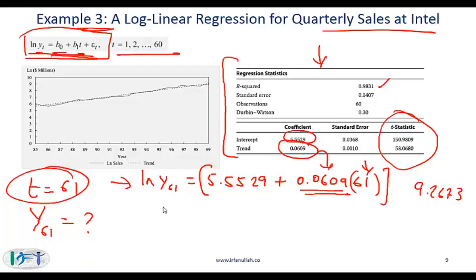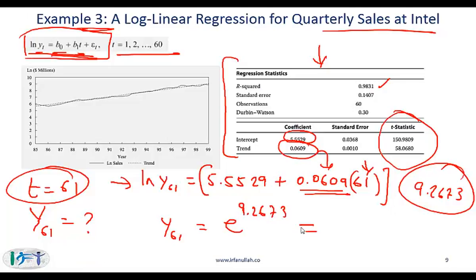And then using basic mathematics, y at time 61 is e to the power of this number, 9.2673. And on your calculator, you should be able to do this. The answer should be 5.63 million.